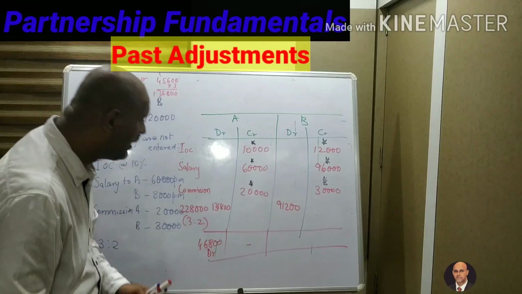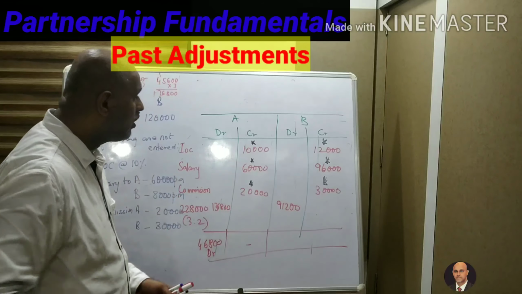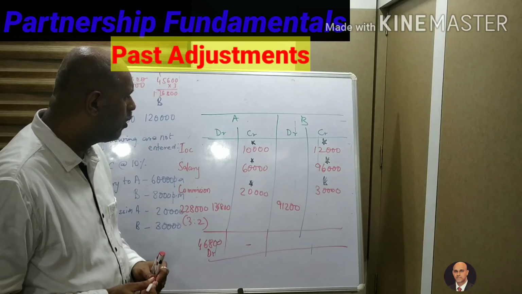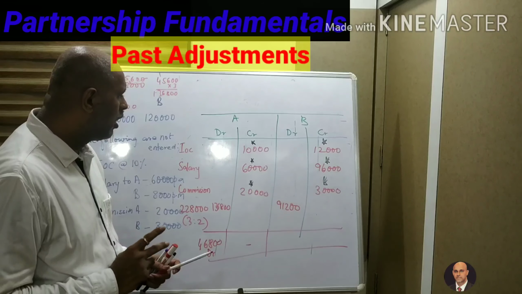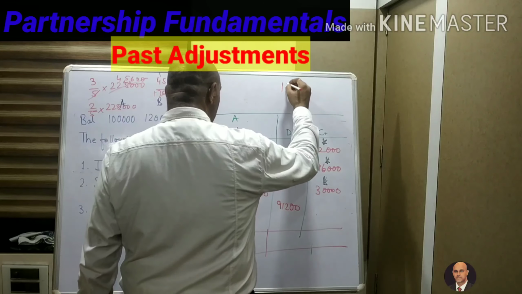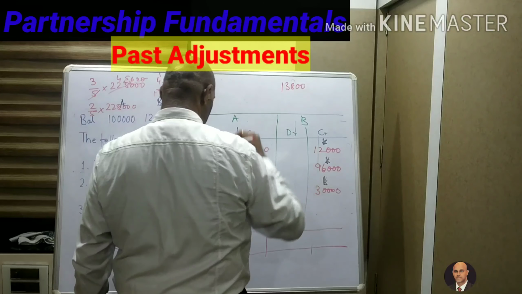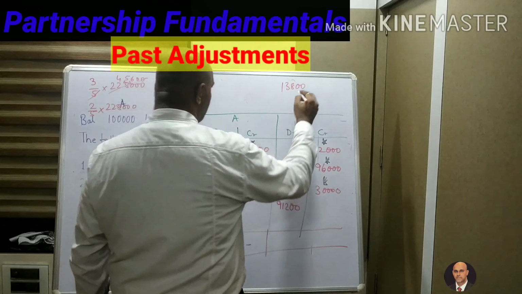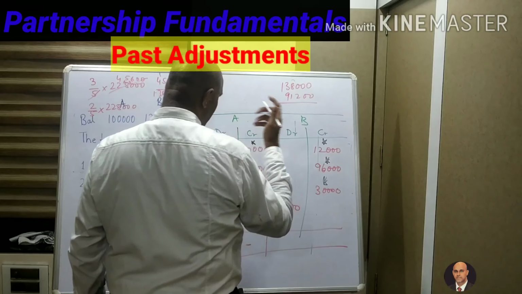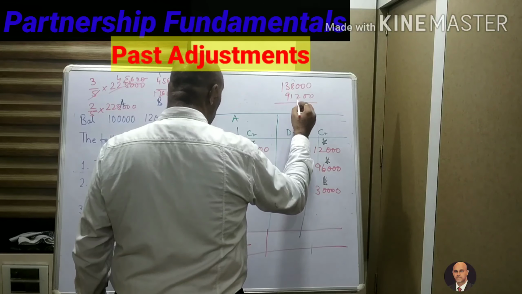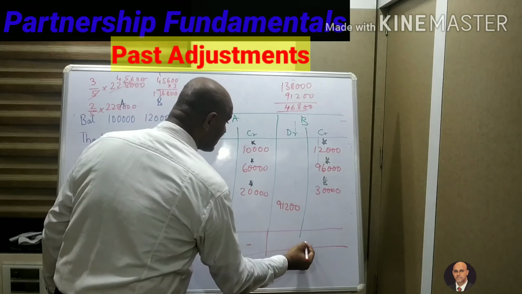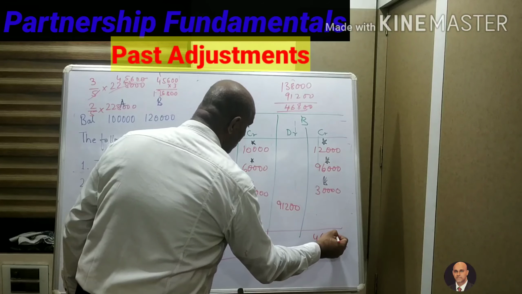Let's check with B. B is 91,200 on the debit side, and on the credit side it's 1,38,000. If you deduct the two, it is going to give me 46,800 on the credit.